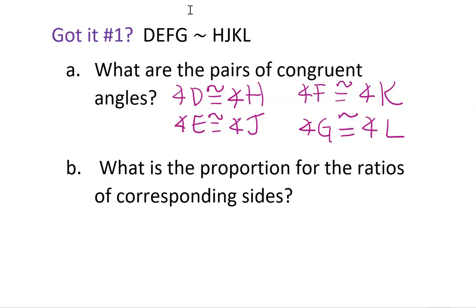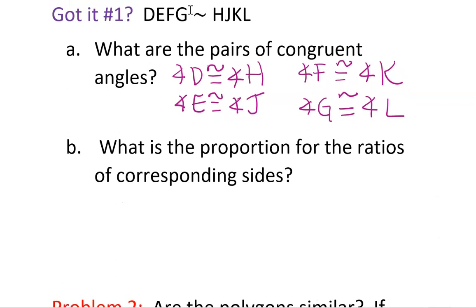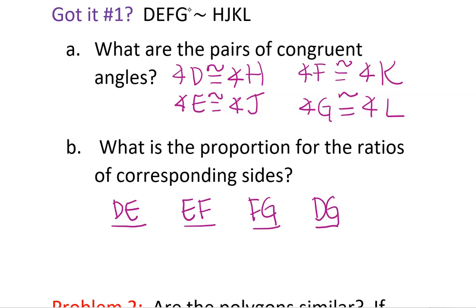The sides, remember, if there's four sides, you have four sets of fractions and you're going to have them set equal to each other. So pick two at a time. So I'm going to go DE, then I'm going to go EF, then I'm going to go FG, and DG. So DG is the one that most people tend to forget when you use the first letter and the last letter together.